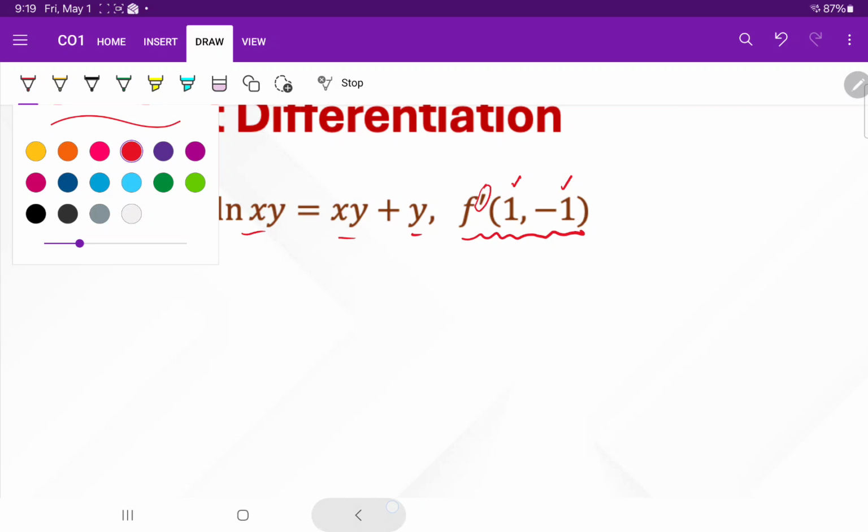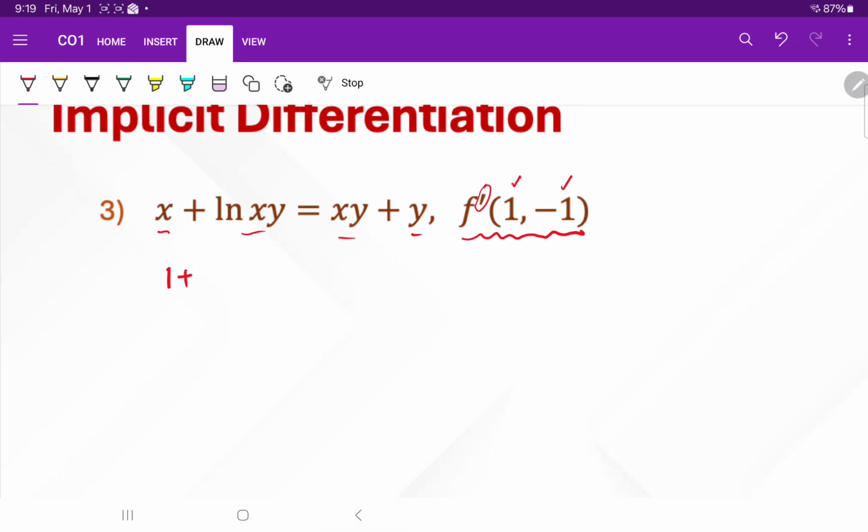So what's the derivative of x? It's 1. But for this one, okay guys, before we differentiate, you simplify this first. So let's not differentiate yet, because you could write, so simplify the equation first. What's our objective here? To simplify differentiation. To make differentiation easier.